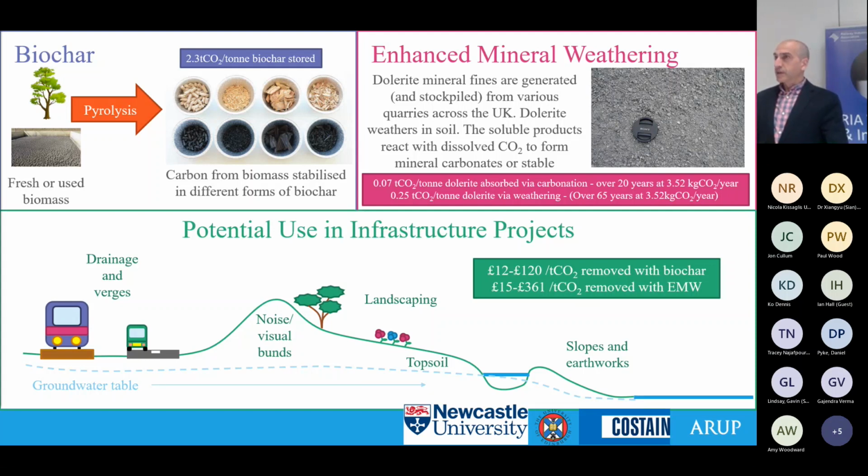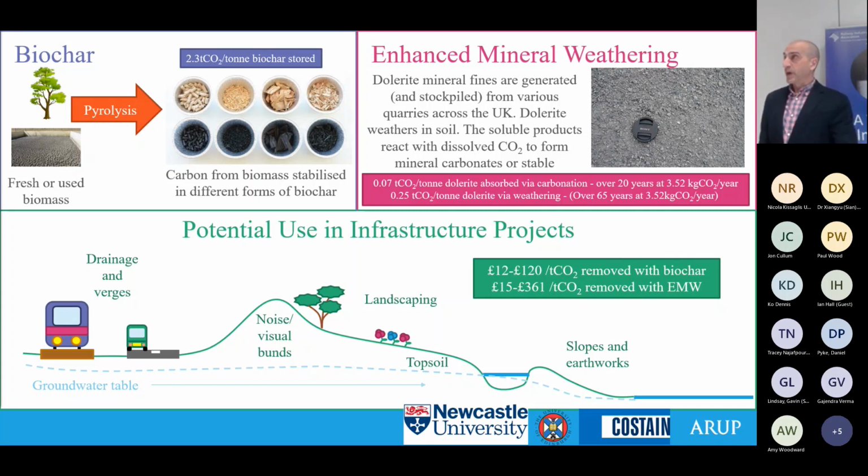This is about creating material within infrastructure that undertakes the removal once it's been deployed. So what you put into the infrastructure design are mineral fines, specific minerals, and particularly dolerite.